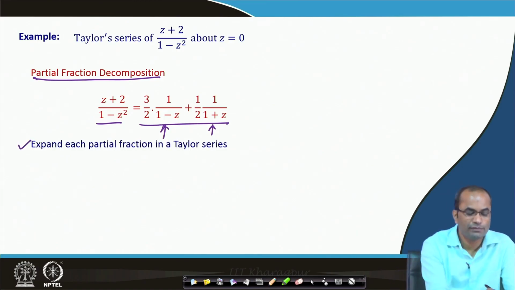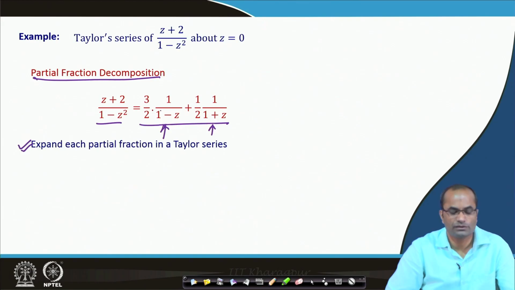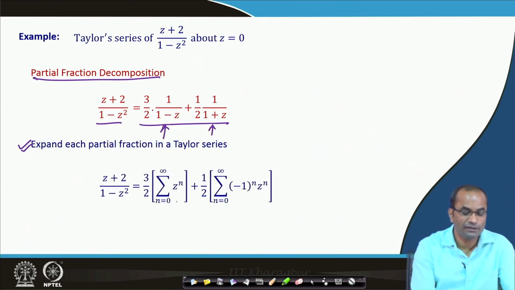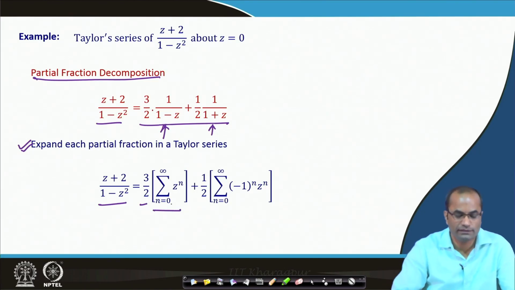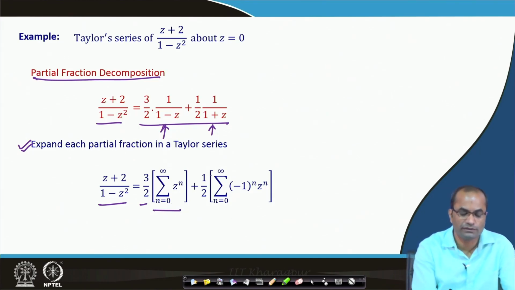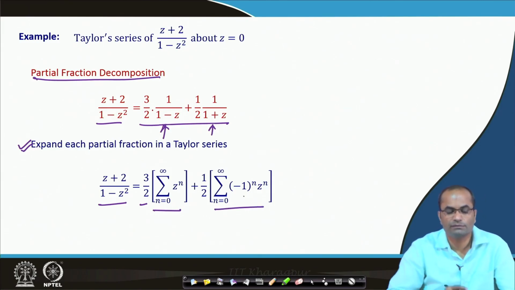Now we can expand each of these partial fractions in a Taylor series. That means, this (z plus 2) over (1 minus z) square, we can write down as 3 by 2 times the Taylor series of 1 over 1 minus z, so we have the sum of z power n, and for the series of 1 over 1 plus z, this is minus 1 power n z power n.